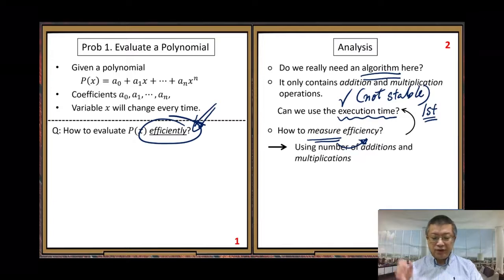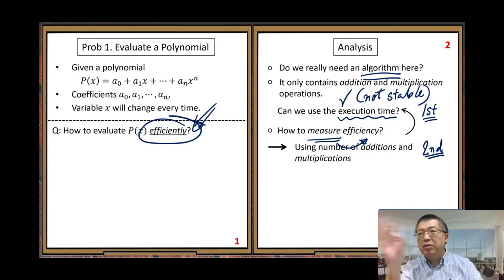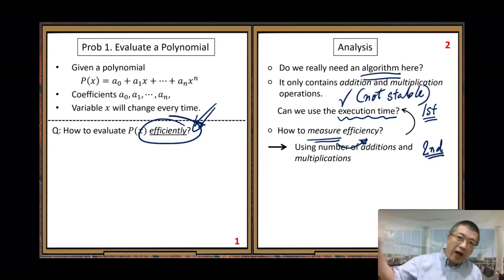So then the next one, using the number of additions and the number of multiplications. So this is the second idea. Count the number of additions and the number of multiplications. You can see if you use this way, it's more stable, right? Because it does not rely on your machine. Supercomputer, low end, doesn't matter.